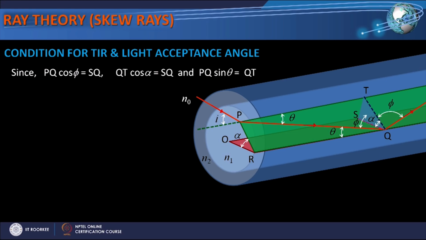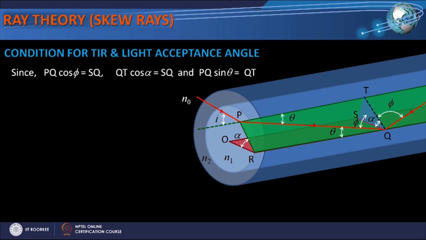If I consider a transverse plane here which is STQ, then the incident ray makes an angle phi with it, and the reflected ray also makes an angle phi with this. Now, what I can see here is that PQ cos phi is nothing but SQ, and QT cos alpha is also SQ.